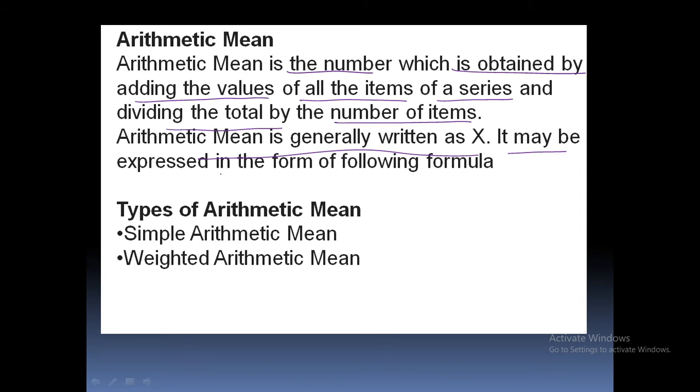It may be expressed in the form of the following formula: x bar equals x1 plus x2 plus x3 up to xn over capital N, or you can write it like this, sigma x over n.